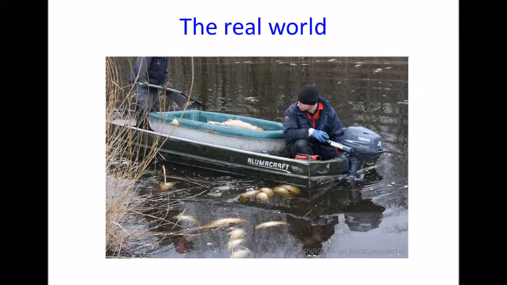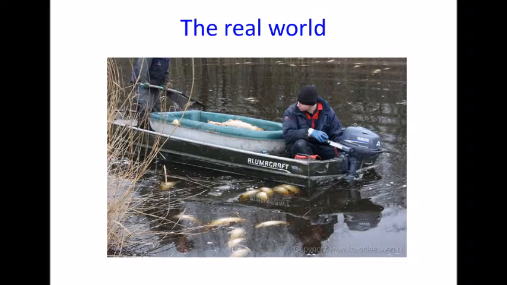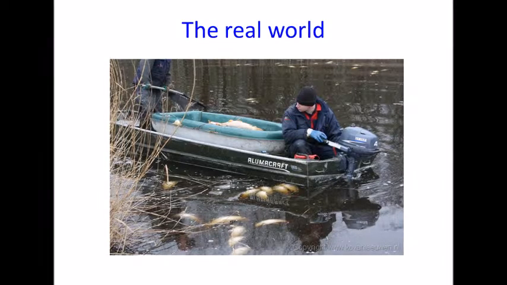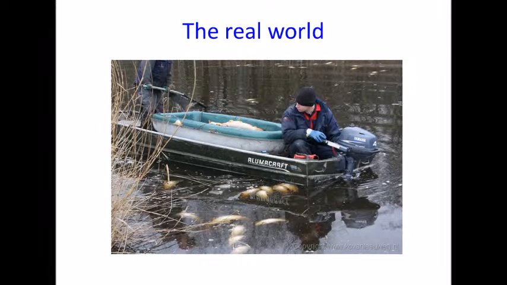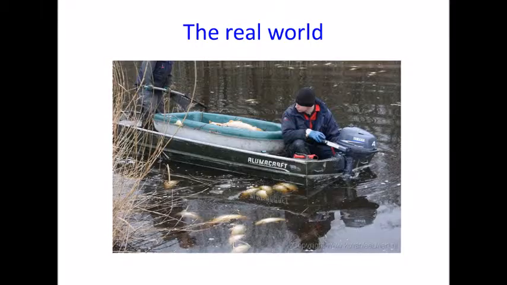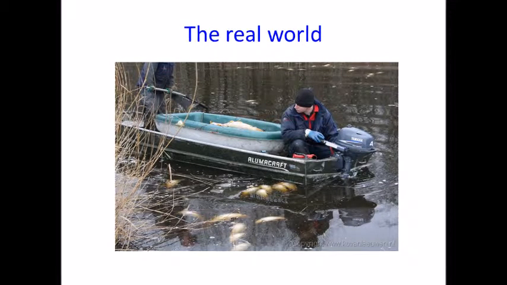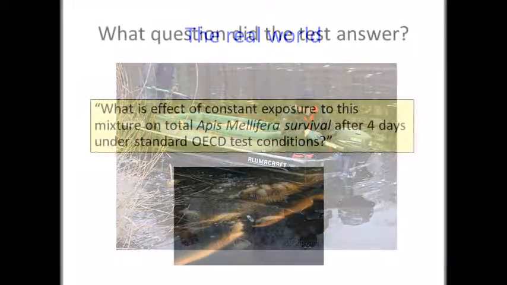And typically for Deepwater Horizon, everybody was sort of shaking their heads, yes, we should have an answer to this, but we don't really have an answer. So if you look at an ecotoxicological test, what type of question did you finally answer?